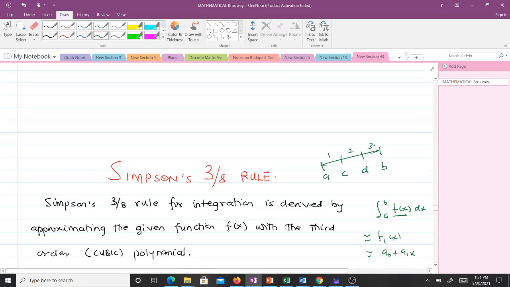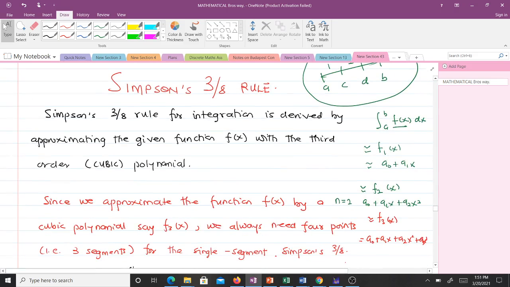So already this should give you a clue about what we are coming to do. With the Simpson's 3/8 rule, it is derived by approximating the integrand f of x with the third order polynomial.